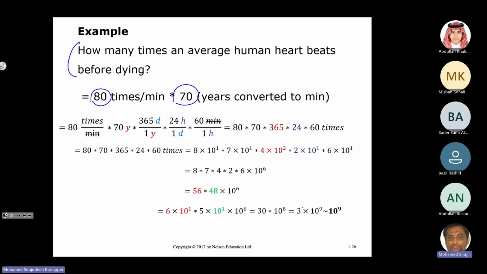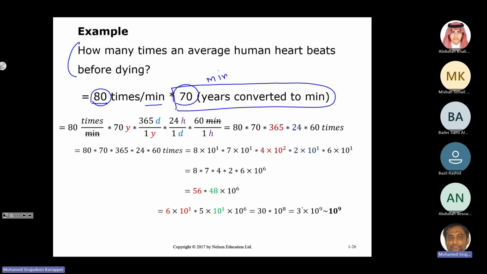So these are the two things we need to know to calculate it. If you beat 80 times in a minute, and if I can convert the 70 years into minutes, then you know how many times the heart will beat.